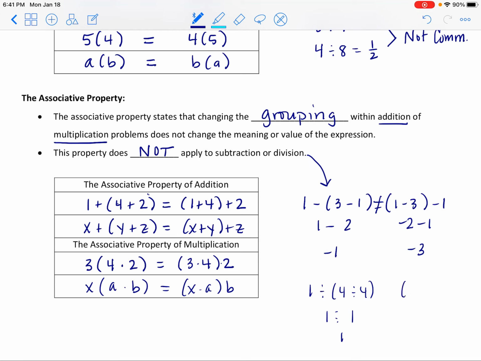So if I change the grouping, (1 divided by 4) divided by 4, like this, not changing the order, but the grouping, well, this would be 1/4 divided by 4, and 1/4 divided by 4 is going to be 1/16. These are definitely not equal. So again, subtraction and division do not associate. Okay, there's no associative property for those two operations, just multiplication and addition.